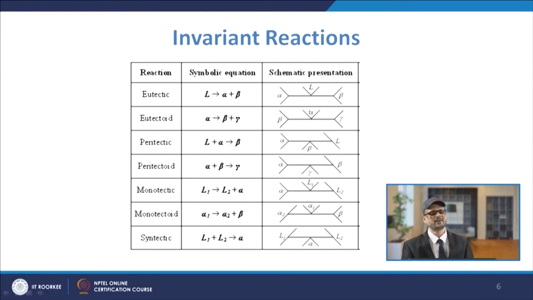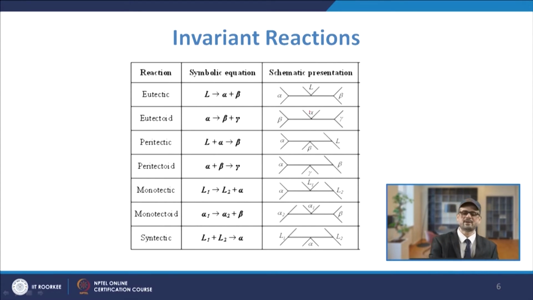This is happening in the iron carbon system also, where the austenite while cooling will lead to ferrite plus cementite. So, that is how the eutectoid reaction takes place.